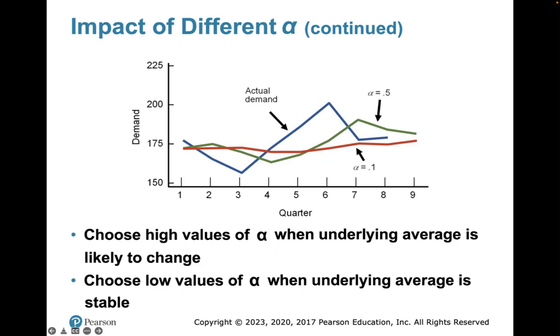You can see there's actually more change when we're using a higher alpha. But if we're looking for something to smooth out a little bit more, we would use a low alpha. In other words, if it's a more stable pattern, then we would replicate a more stable pattern. So those are 4 techniques we can use.